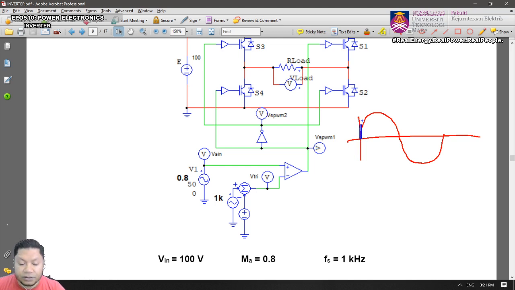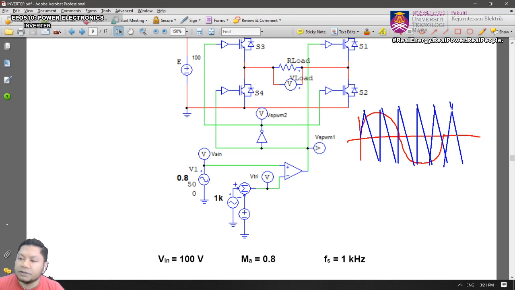So again, whenever Vm is greater than Vc, it will produce 1. Whenever Vm is lower than Vc, it will be 0.